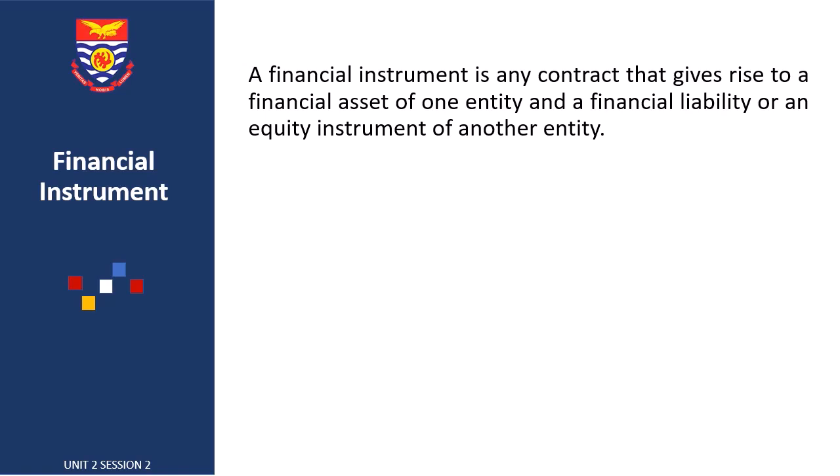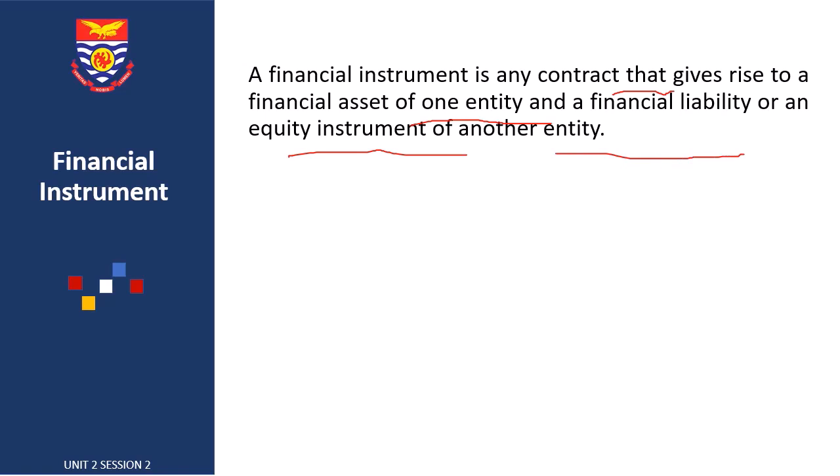So it's a contract. Must be underlined. It is a contract. And if it is a contract, this contract has to give rise to a financial asset of one entity and a financial liability or equity instrument of another entity.